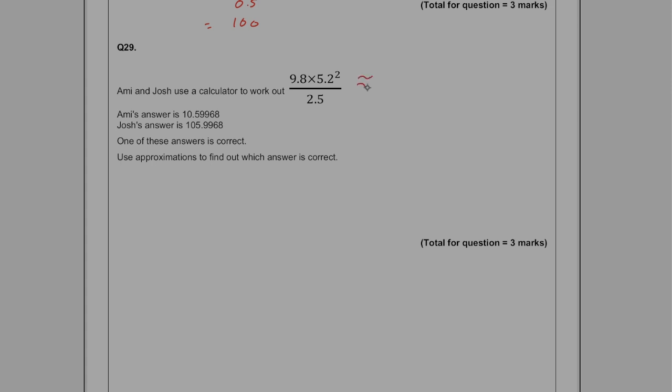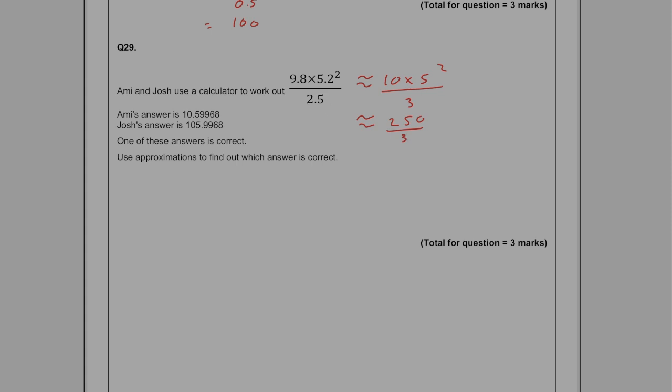So we're going to say that this is approximately equal to 10 times 5 squared divided by 3, roughly. 2.5 would arguably be easier, but that's fine. So that's going to be 10 times 25, which is 250. And then 250 divided by 3.